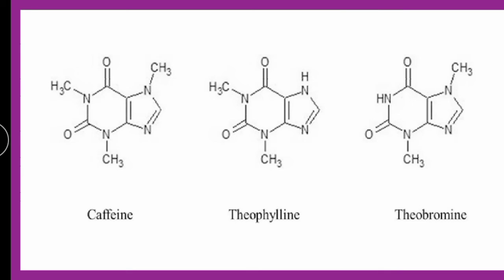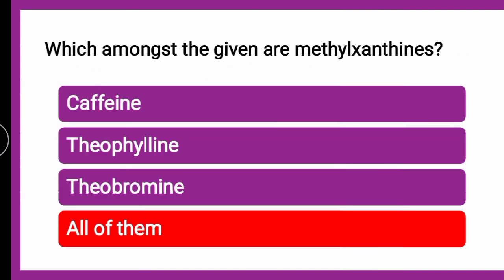Whereas in theophylline, the first nitrogen where CH3 was there, hydrogen will come, and in the third one, theobromine, you can see one hydrogen. So this is the difference between the structures. These are caffeine, theophylline, theobromine, which are nothing but xanthine derivatives, and because of the differences in the methyl, they are methylxanthines. So all these caffeine, theophylline, theobromine are methylxanthines.